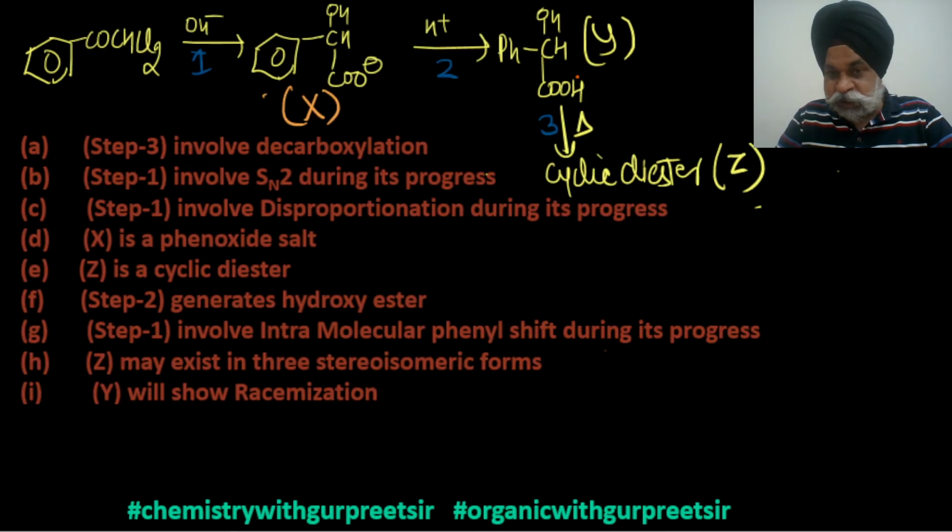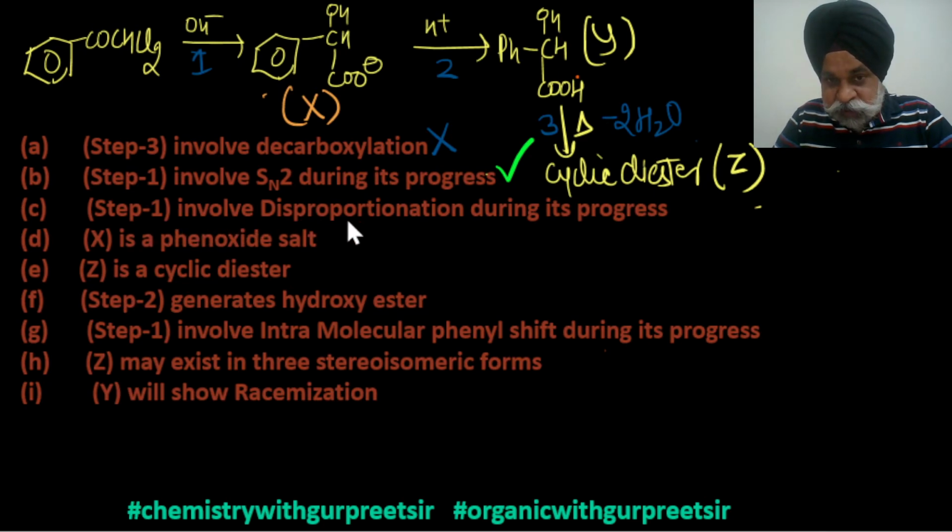Now see what is the first option. Step 3 involves decarboxylation. No, this is a wrong statement. Here we did dehydration, so no decarboxylation happened. So the first statement in itself is a wrong one. Now moving on to the second. Step 1 involves SN2 during its progress. This is perfectly right.